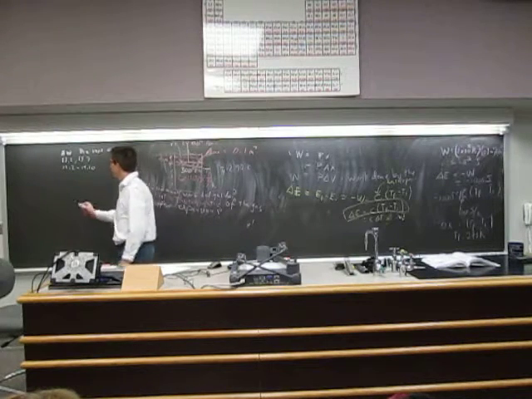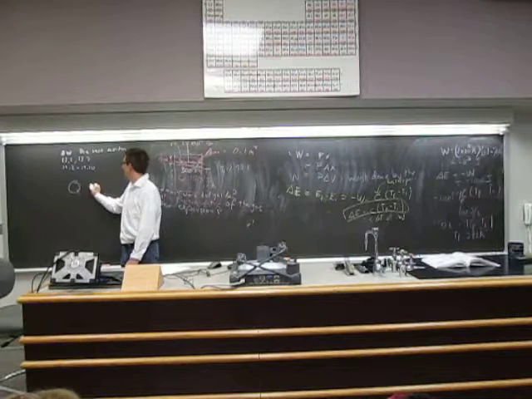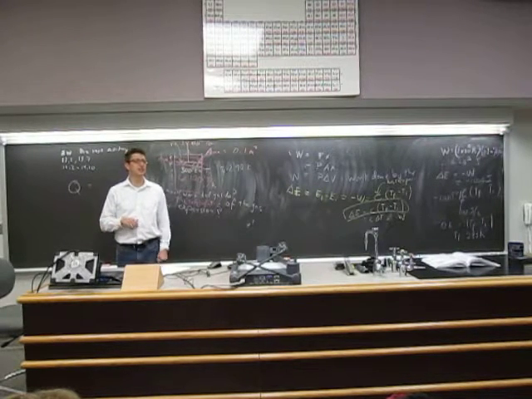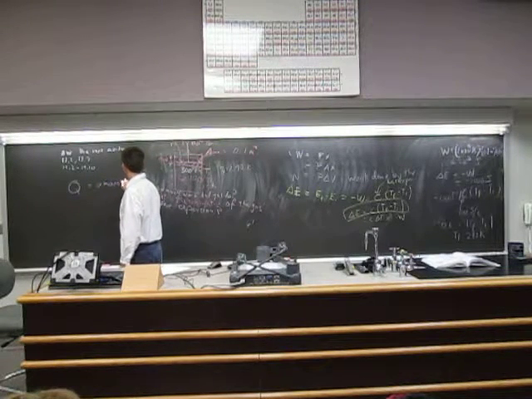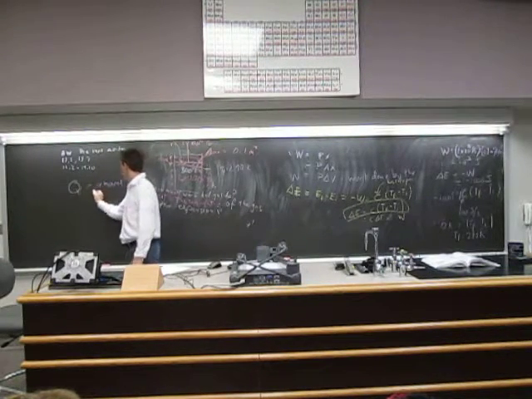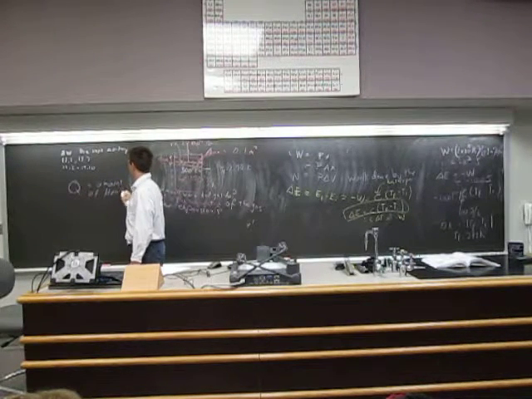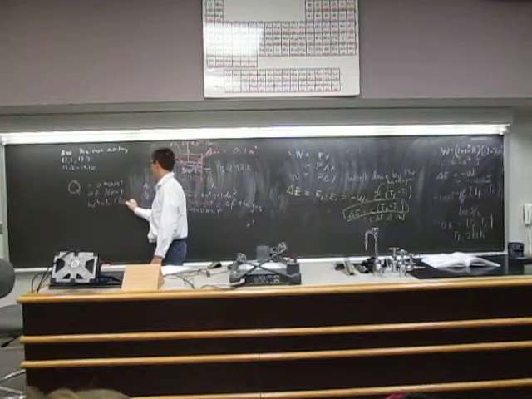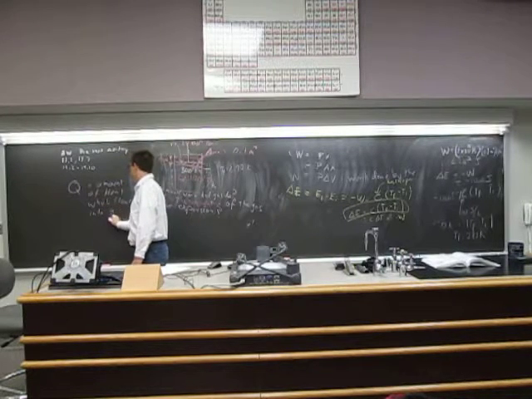So I'm going to introduce something called Q. And this is the amount of heat that flowed into the gas. We have to kind of define it and talk about heat. Heat which flowed into the gas.